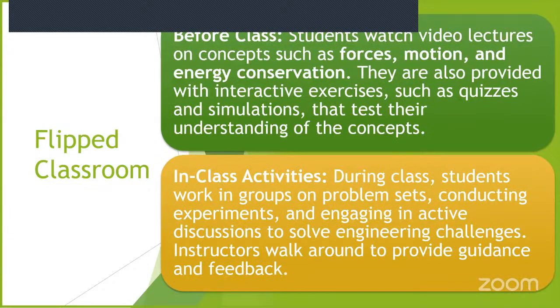Before class, students watch video lectures on concepts such as forces, motion, and energy conservation, and are provided with interactive exercises such as quizzes and simulations that test their understanding of the concepts. During class, students work in groups on problem tasks, conduct experiments, and engage in discussion to solve engineering challenges. Instructors walk around to provide guidance and feedback.